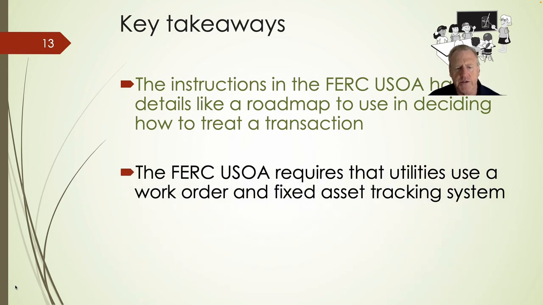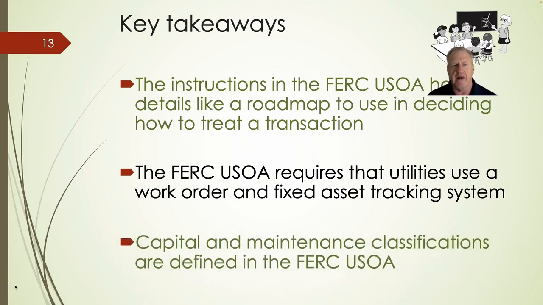And the FERC Uniform System of Accounts requires that utilities use a work order and fixed asset tracking system, and it well defines what is capital, what is maintenance, in the FERC Uniform System of Accounts. Now, why, again, is that important? Well, it's expense versus capital, which impacts your rates, which impacts your cost of service studies on how it's classified in the general ledger.